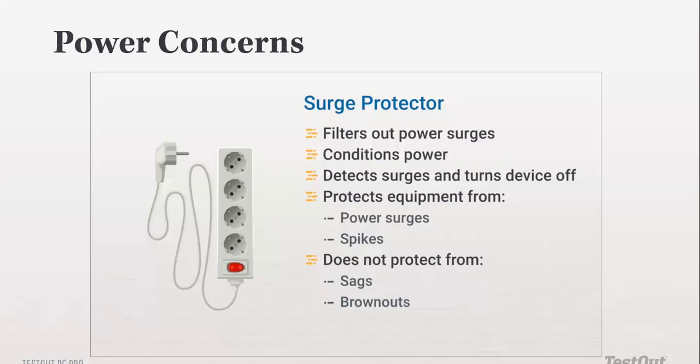So what a surge protector does is eliminate that surplus. It cancels it out completely and leaves you just with the normal amount of electricity needed by your device to function. So a surge protector also conditions power. Before a surge even occurs, a surge protector can detect it and turn your devices off.